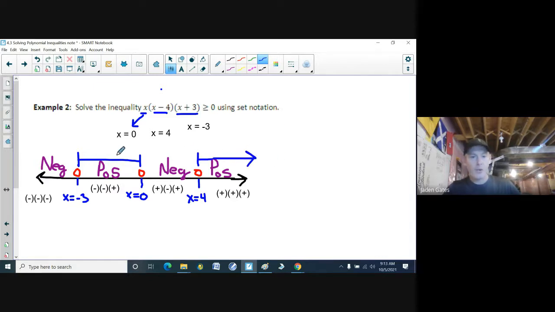And so the answer, in set notation, is from -3 less than or equal to x less than or equal to 0. And I should say, therefore, f of x is again greater than or equal to 0. And there's another interval, when x is greater than or equal to 4.